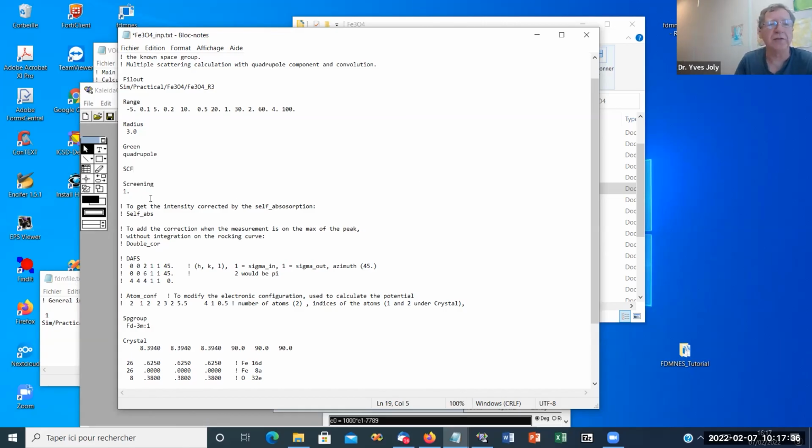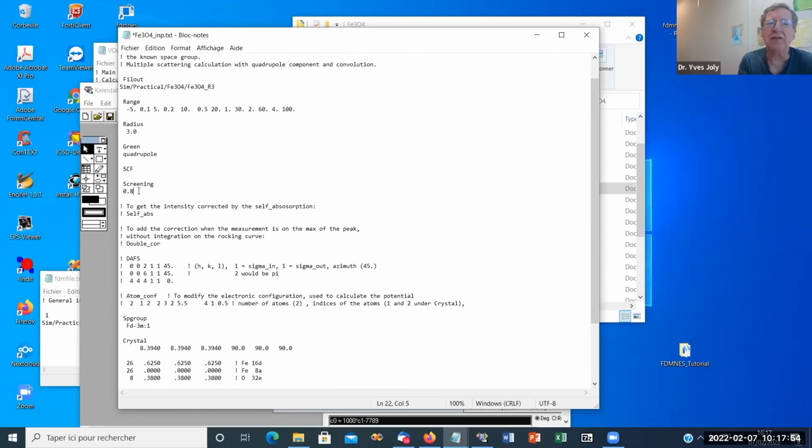It's the default, but you can try smaller values. You can try simply 0, but you can also try 0.5 or values like this. I found that for titanium dioxide, 0.5 was the best.